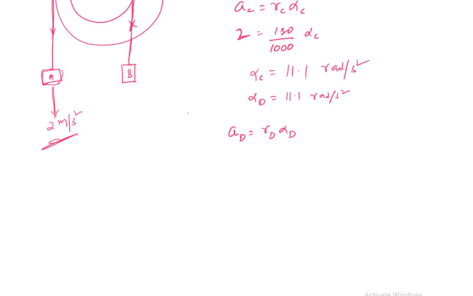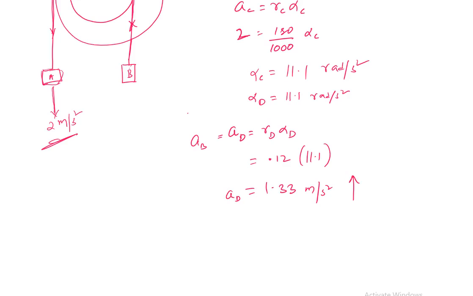Here I'll also write this is equal to acceleration of B. RD is 0.12, because 120 divided by 1000, times alpha D, which we just calculated as 11.1, so this comes to 1.33 meters per second square going up.